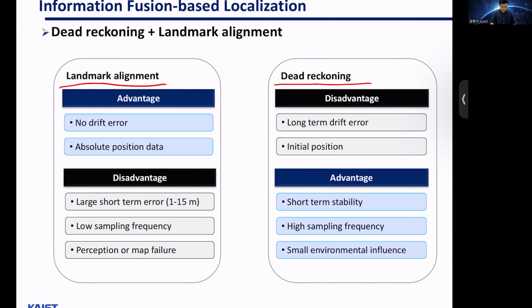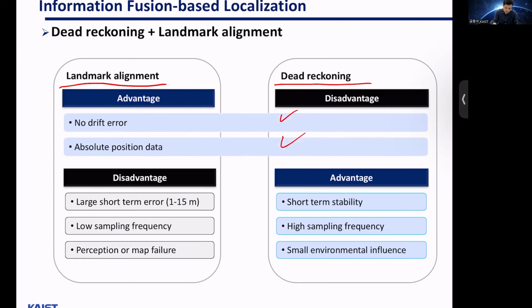So the idea is to fuse these two pieces of information or use both approaches together so that we can remove the disadvantages by adopting the advantages of the other approach. So for instance, we can get rid of these two problems by using landmark alignment.